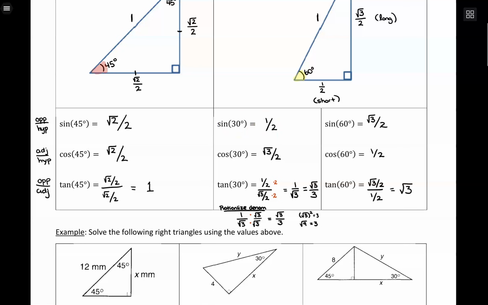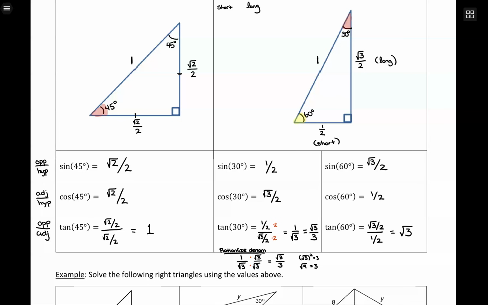These are numbers that we can draw on no matter the situation, because this triangle doesn't change. These sine, cosine, and tangent values come from this idea of a hypotenuse of 1, because that's going to lead to our unit circle. So whenever you need to evaluate these numbers, they always stay the same.